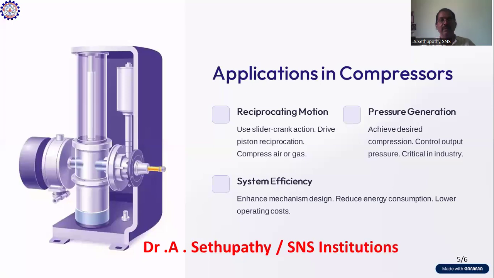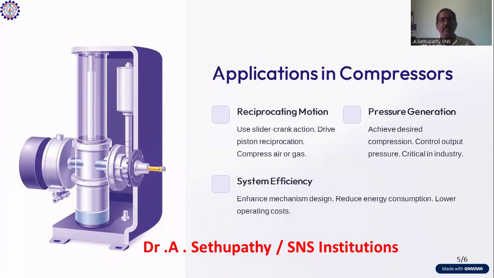Another example is compressors, which use reciprocating motion with slider crank action to drive piston reciprocation and compress air or gas. A compressor is used to compress air from the atmosphere, so we use piston-cylinder mechanisms.